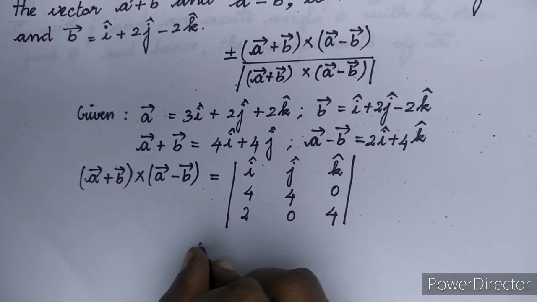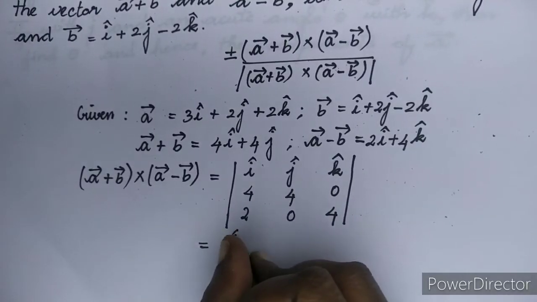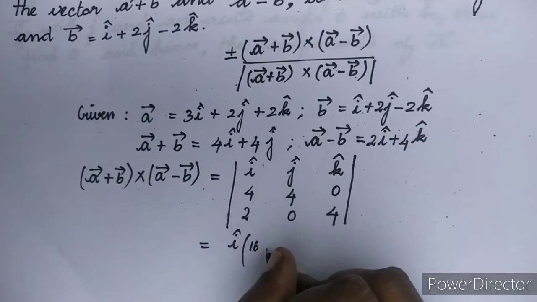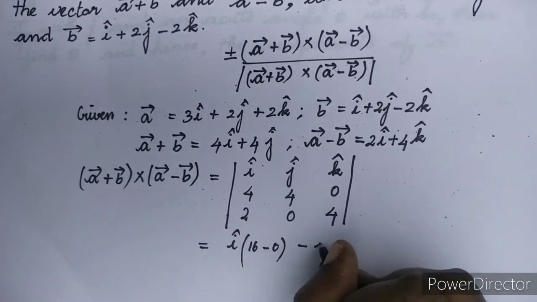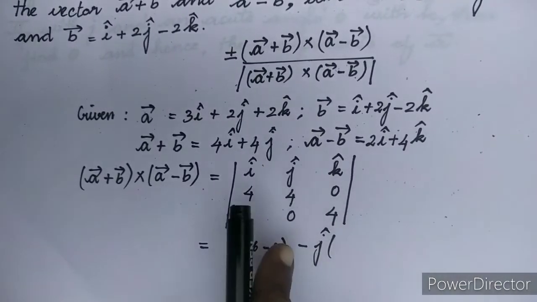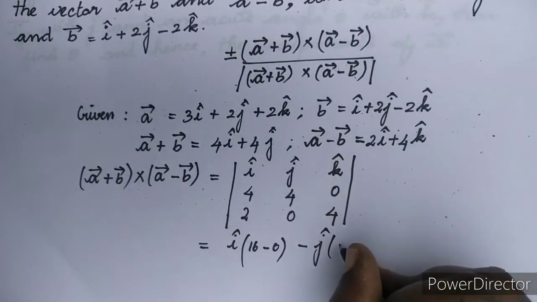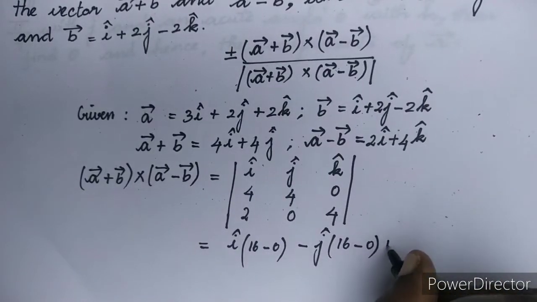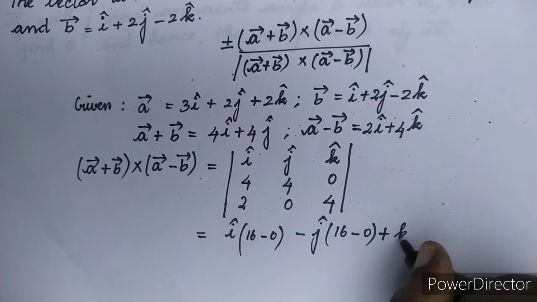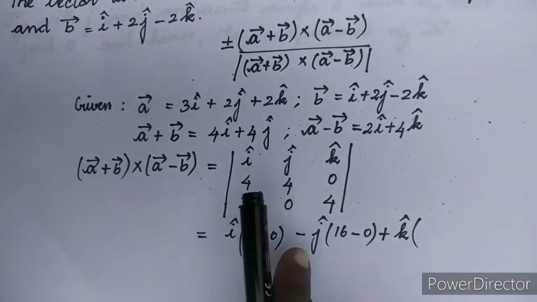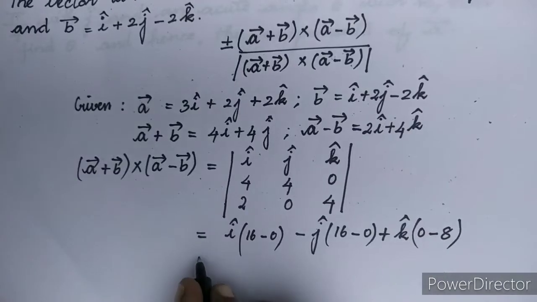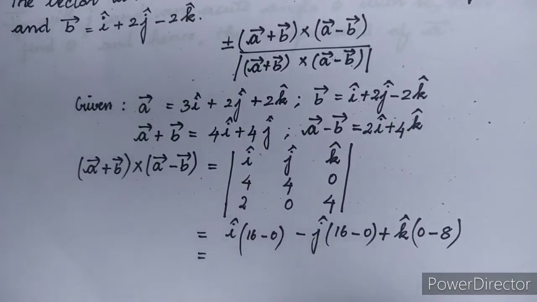That is i cap into 4 into 4, 16, 0 into 0, 0. So 16 minus 0 minus j cap into again 4 into 4, 16 minus 2 into 0 is 0 plus k cap into 4 into 0, 0 minus 2 into 4 is 8, which is equal to 16 minus 0 is 16.